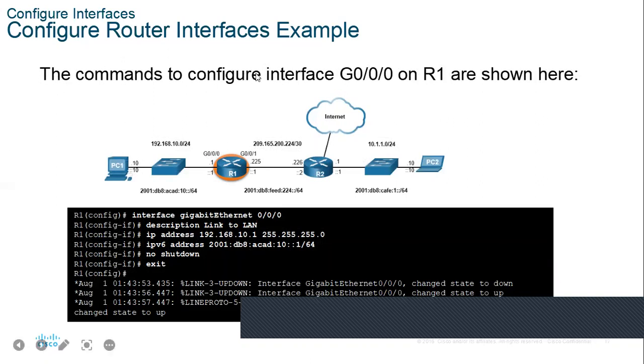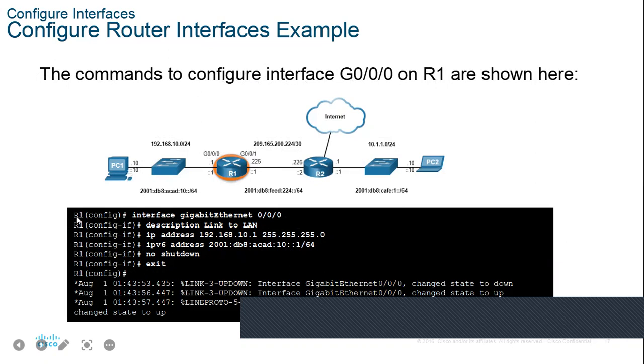So the command to configure interface G0/0 on R1, this is R1. So this is G0/1. So this is a port. G0/0. G0/1 is another port. So we want to configure just this particular interface, right?